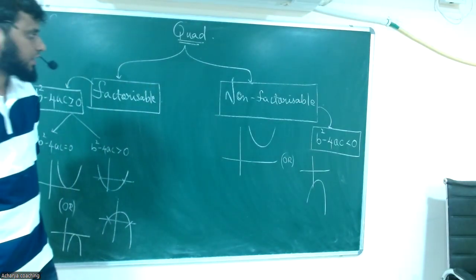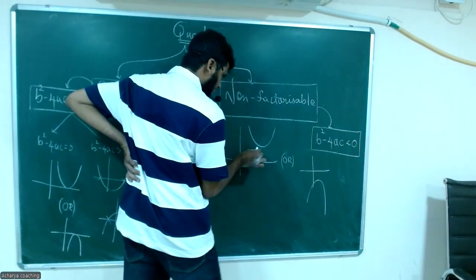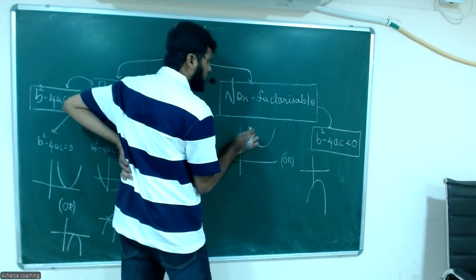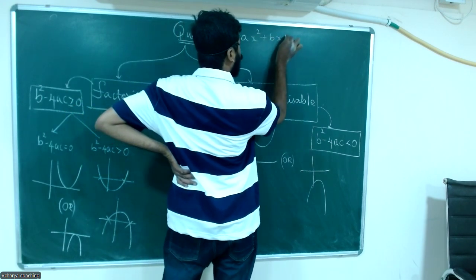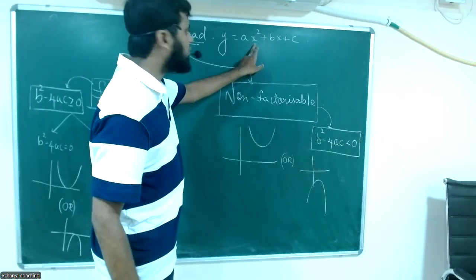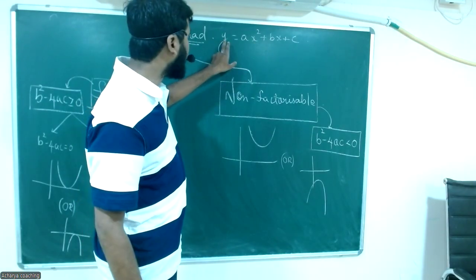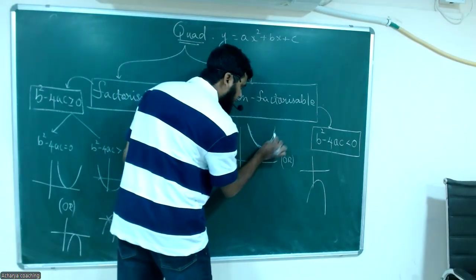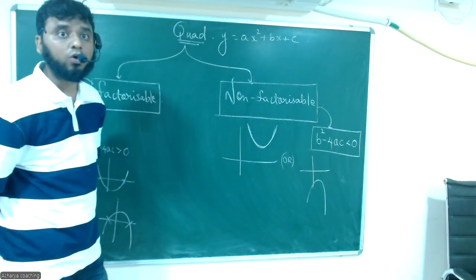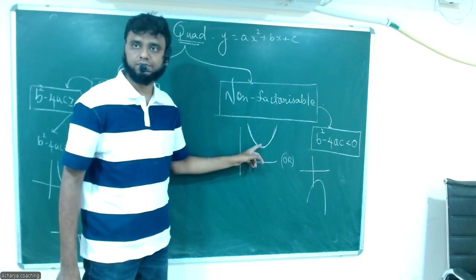Which means, can you see the y coordinate here? Y is nothing but ax square plus bx plus c. Whatever value of x you put, this can't be equal to 0. So here in this case, is y always positive or not? Is the y coordinate always positive or not?